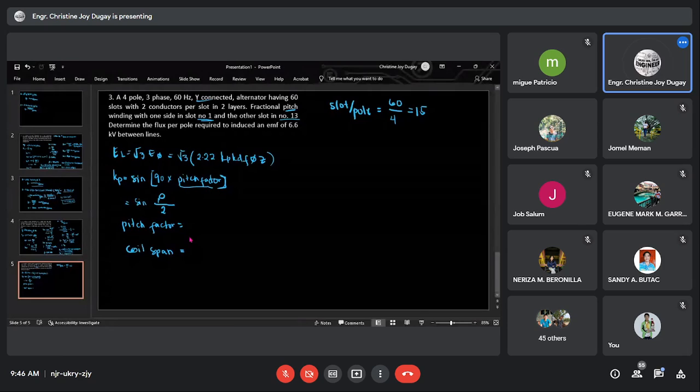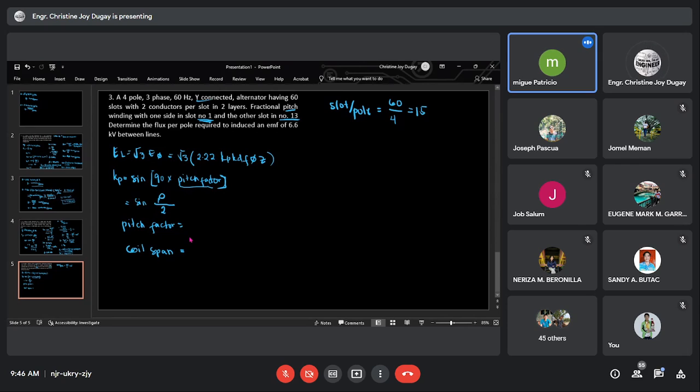15 siya. Pero kung babasahin mo ito, fractional pitch winding, no? Slot number 1 tayo, and then bumaba siya kay 13. So, ilan ngayon ang coil span natin? 12, tama. So, ang tinatanong niya is from 1, bago siya makarating kay 13, ano yung pagitan niya?